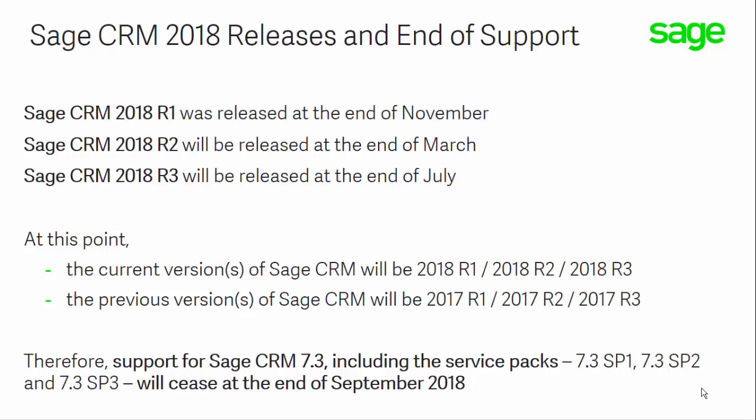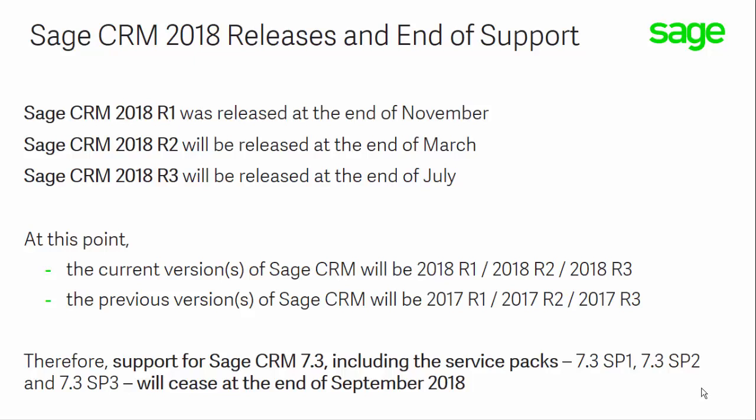And just in terms of the March release for 18 R2, we know that development is already going on for that. Now, at this point, come the end of July, the current versions of Sage CRM will be 2018 R1, 2018 R2, and 2018 R3, and the previous versions of Sage CRM will be 2017 R1, 2017 R2, and 2017 R3.